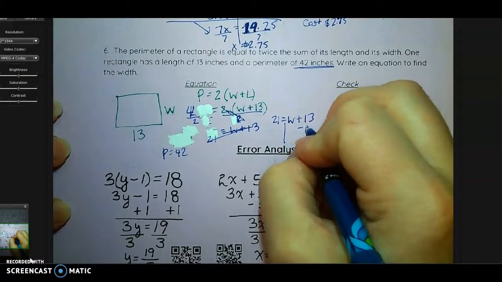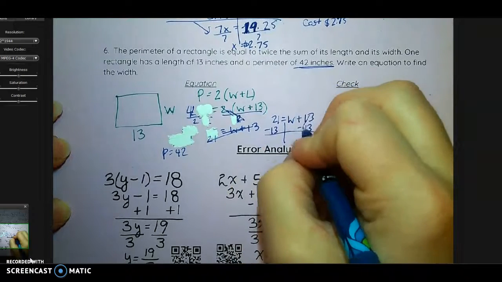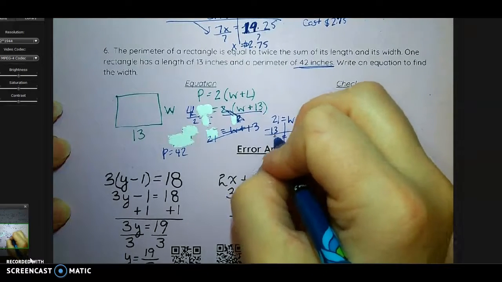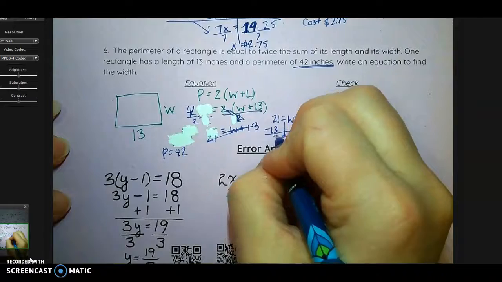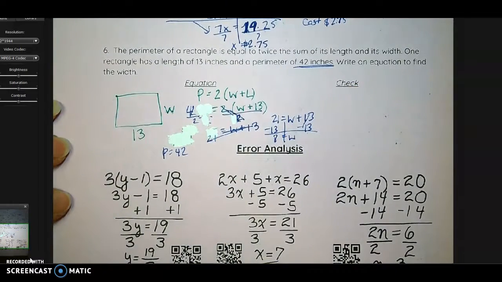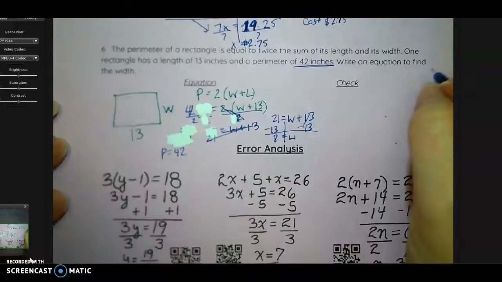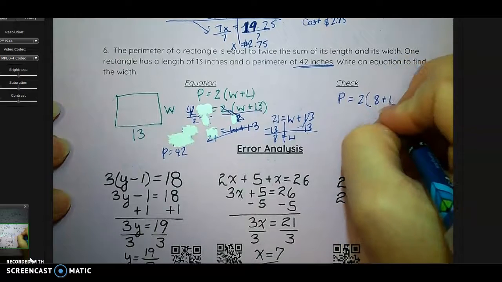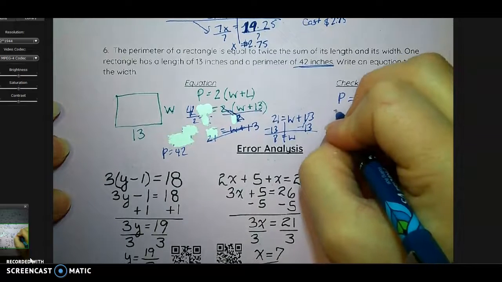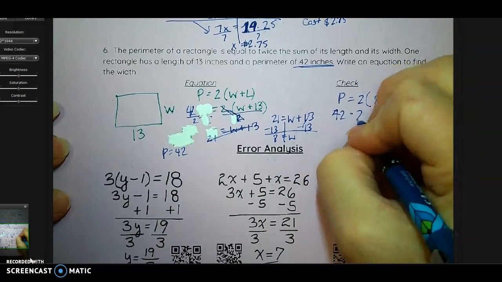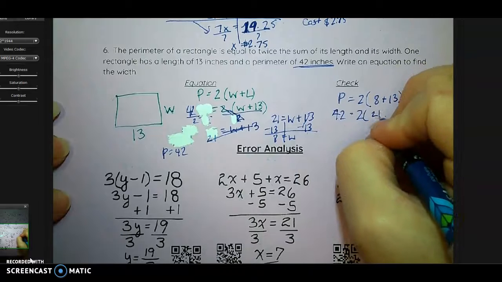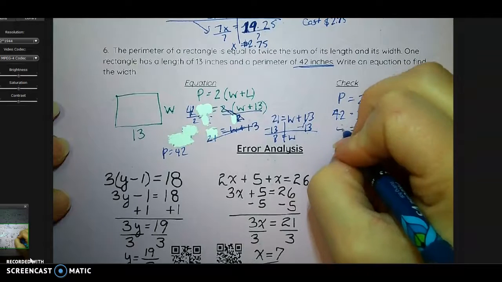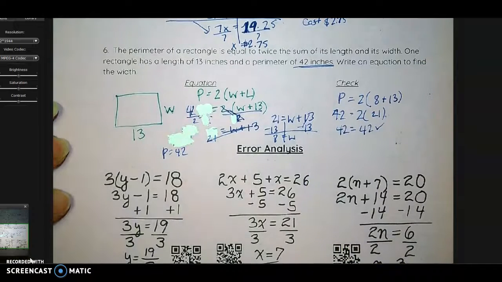I'm going to subtract 13 from both sides, and I get 8. So the width of my rectangle is 8. I can go back over here and check that. And I find that my answer is indeed correct.